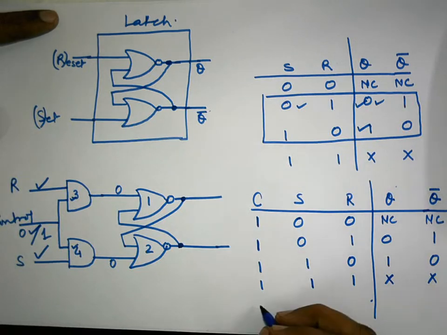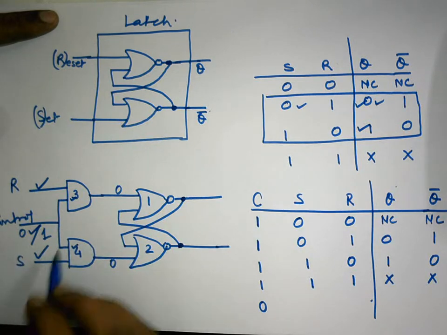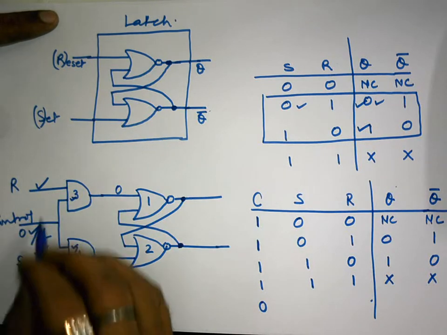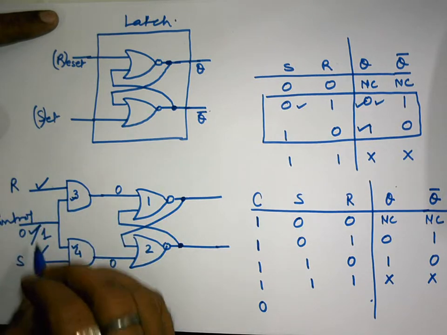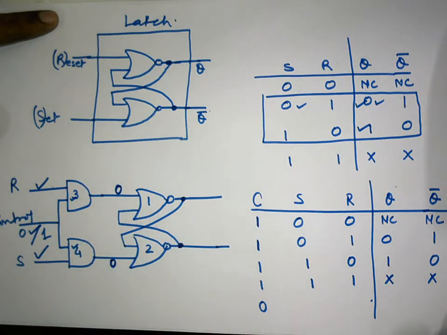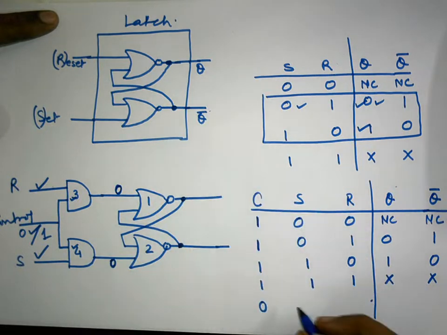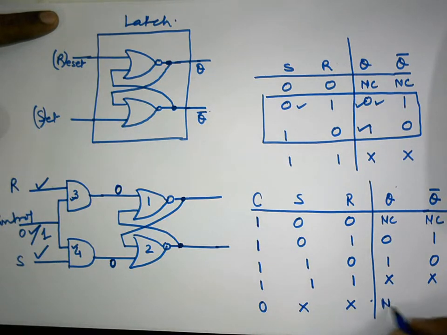Now, suppose the control input is 0. Then whatever you apply at S and R, maybe 0 1, maybe 1 0, maybe 1 1, maybe 0 0, in every situation you will get 0 over here, meaning you will get no change at the output. Means if the control is 0, it is not permitting input to be entertained at the output. So the output always occurs in the no change state.